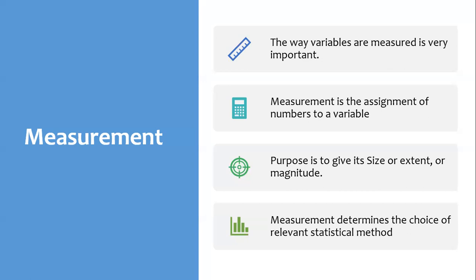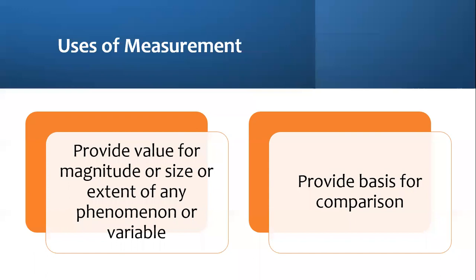So measurement determines the choice of the appropriate statistical method that we are meant to apply to answer that particular question for that particular variable. I hope you're following me. Excellent, great. So measurement provides the value for magnitude or size or extent of any phenomenon or variable. It provides a basis for comparison.